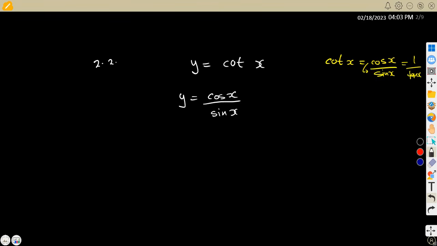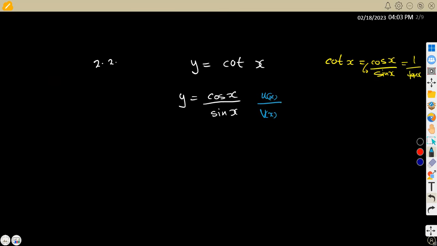So how can we apply the derivatives in this case? We can see that this is actually the quotient rule that we can apply. Remember from your quotient rule, guys, you can write this as your u(x) and this as your v(x).